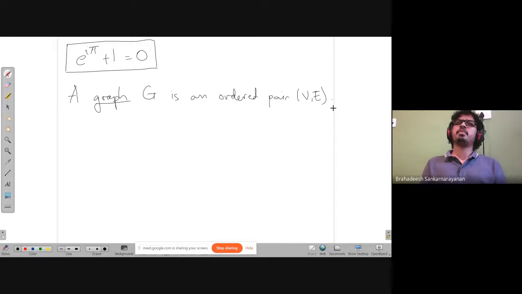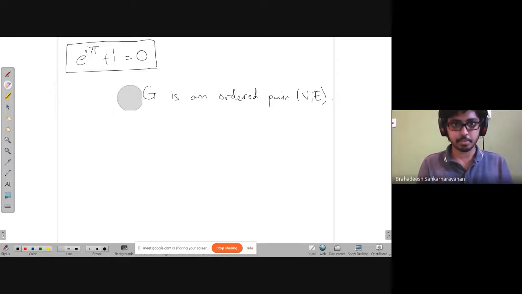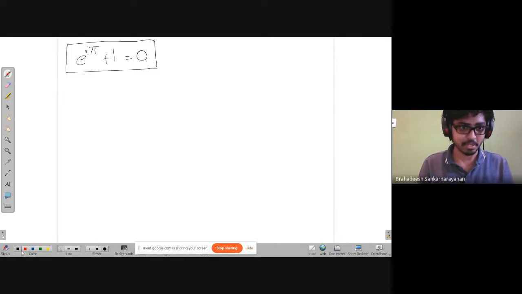Let me, in the spirit of what I'm going to do after this, which is to tell you about Kemp's proof, which is obviously going to be very informal, tell you what a graph is visually. The following is a graph.